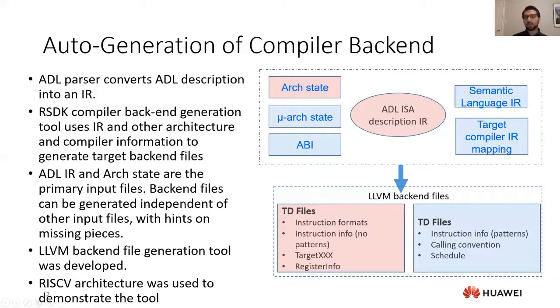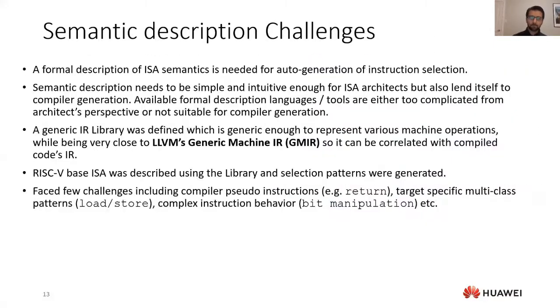Whichever compiler we are generating for, we need to write a mapping between the semantic language IR and the IR for the target compiler. And then some details of microarchitecture state and ABI give us the ability to generate instruction info patterns, calling conventions, and schedule.